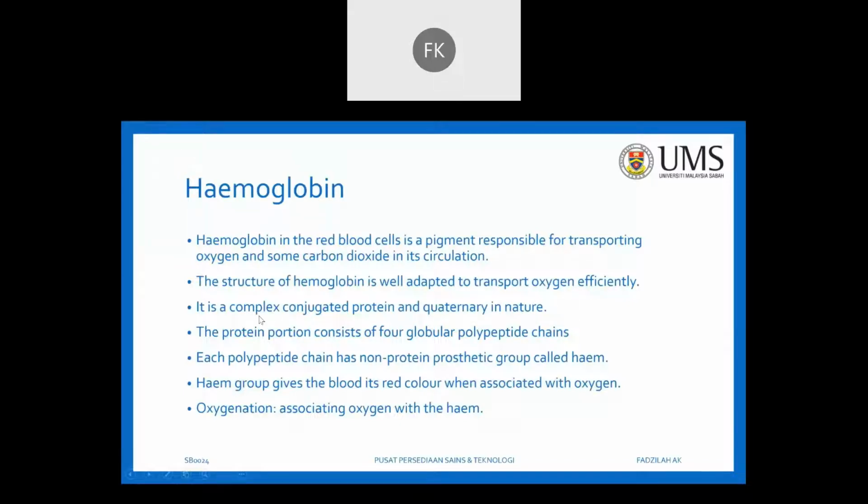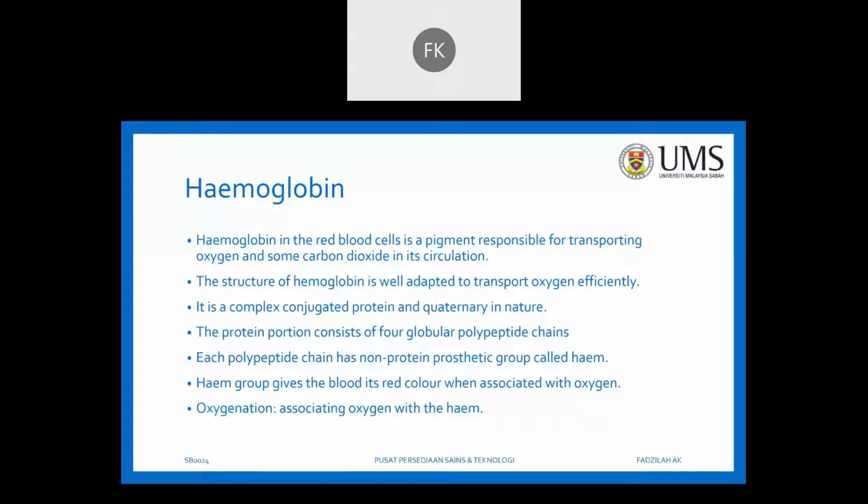It is a complex conjugated protein and quaternary in nature. It consists of four globular polypeptide chains, and each polypeptide chain has a non-protein prosthetic group called heme. Heme gives the blood its red color when associated with oxygen. Oxygenation is associating oxygen with heme.